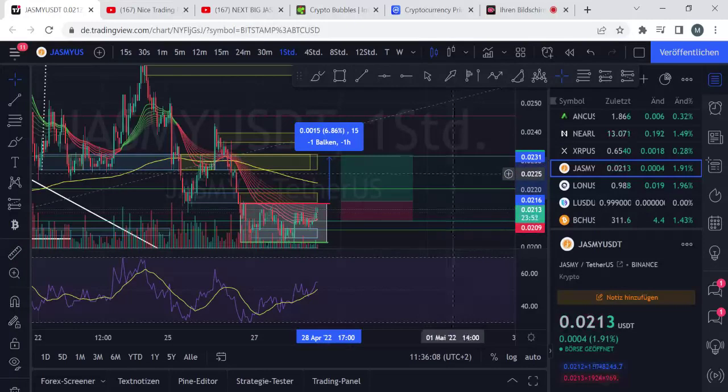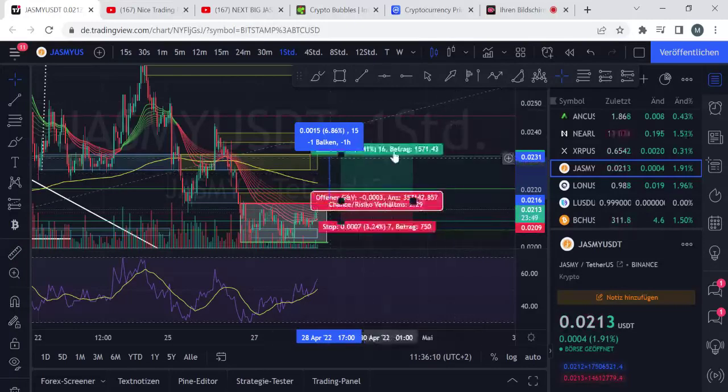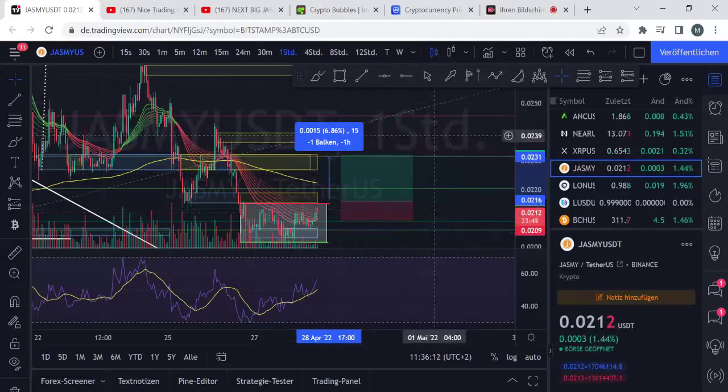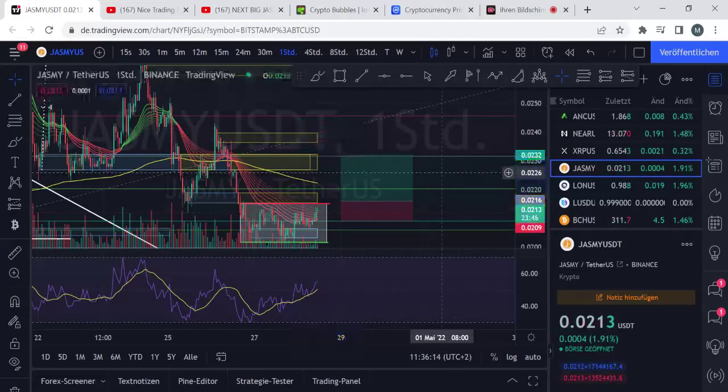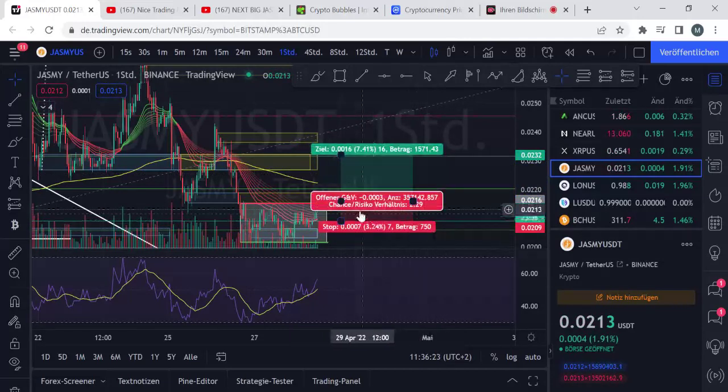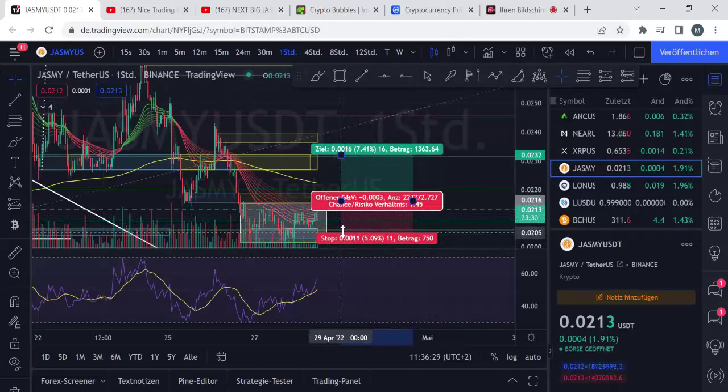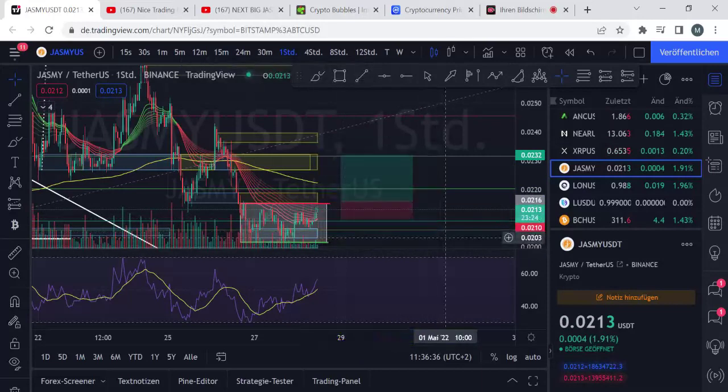On leverage, for example 10x, then you have 60 to 70%. The stop loss, in my opinion, I would do slightly below the EMA ribbons. Also, you can put this under the golden pocket, but I prefer not a too big stop loss.